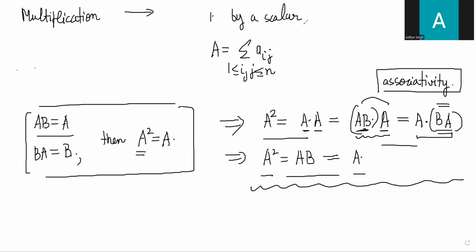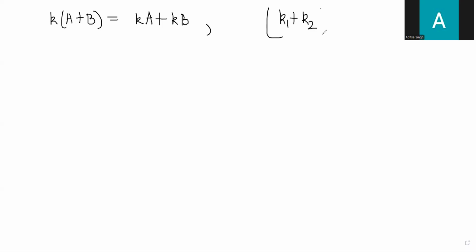Anyway, we'll continue. What are the properties of scalar multiplication? First of all, k times A plus B is the same as kA plus kB. Then if k1 and k2 are two different scalars multiplied by a matrix A, it is k1A plus k2A.